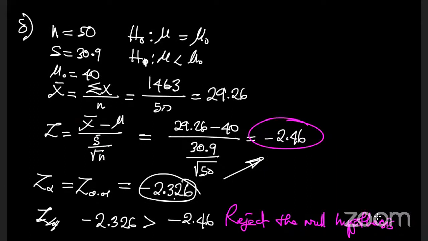So based on a calculation, it can be concluded that the average number of pages a person copies on the store's copy machine is actually less than 40. That's why we're asked to reject the null hypothesis.